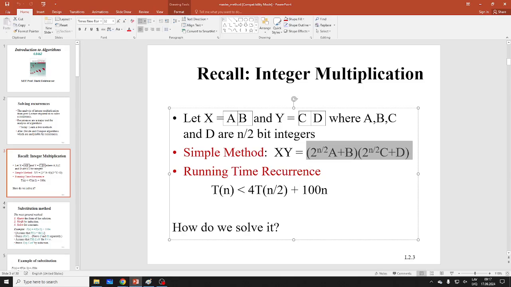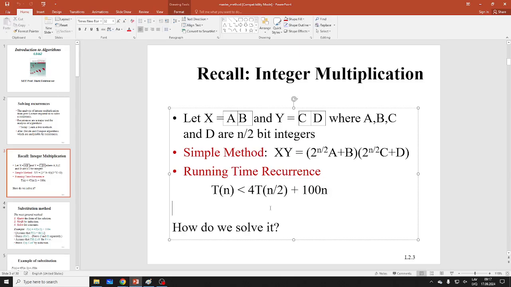For each original size of n, you have four instances of half the size, plus, for some reason, they give you 100n. It doesn't say here why. It's just a random example, basically.